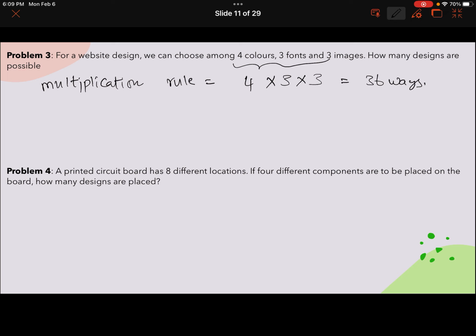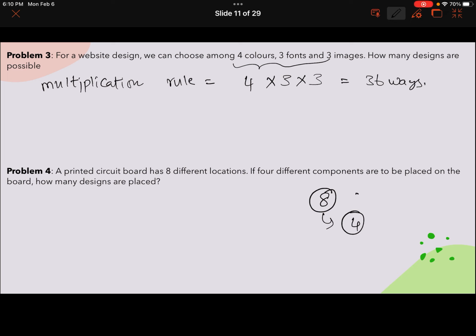The fourth: a printed circuit board has 8 different locations. Out of 8 locations, 4 different components are placed on the board. So out of 8, we are taking 4.